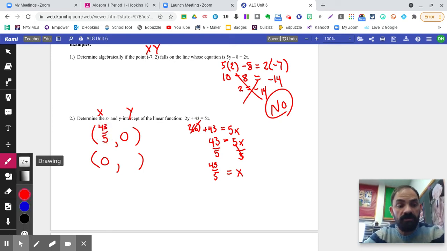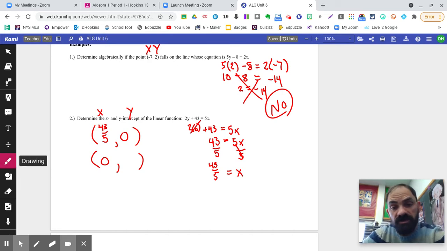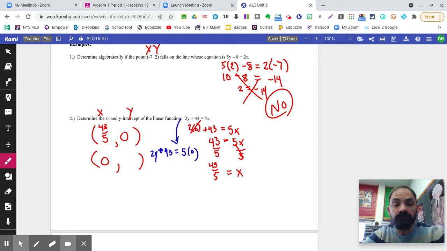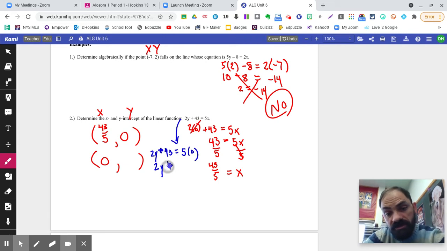And now the other one. To find the y-intercept, you plug 0 in for x. So let's start all over with the same equation. 2y plus 43 equals 5 times 0. So 2y equals, I messed up again. Let's see here. 2y plus 43 equals 0.